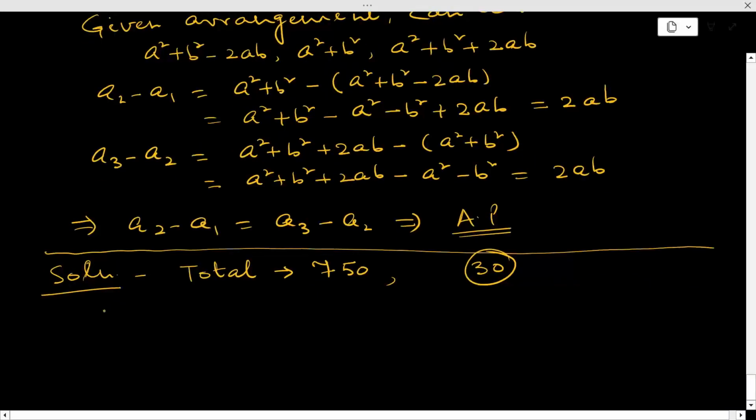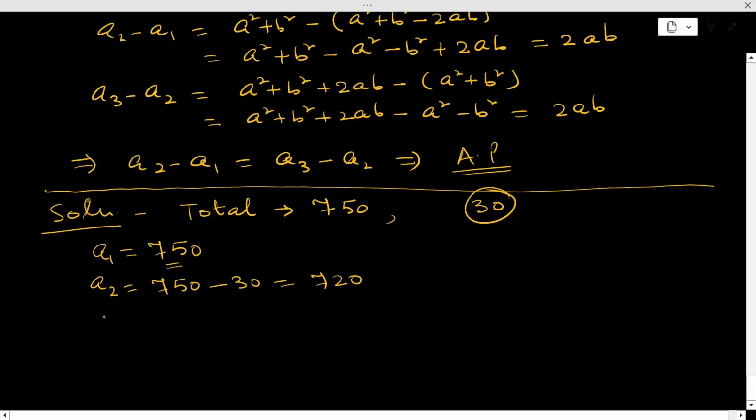So let us consider this 750, which is the initial or the total population of the students in the campus, as A. Now if the first batch left the campus, our remaining students will be, you can write this as A2 and this as A1. So the remaining students will be 750 minus 30, because initially we are having 750 students and 30 students have left the campus. So we are having this as 720.